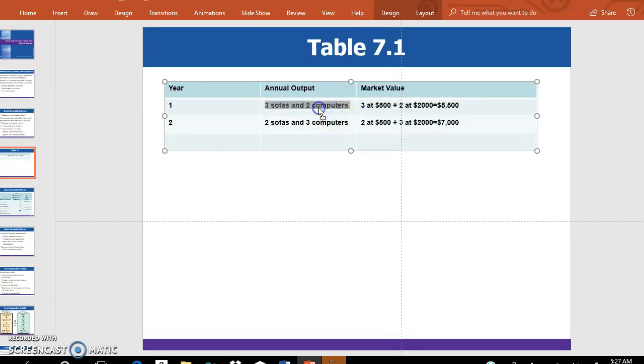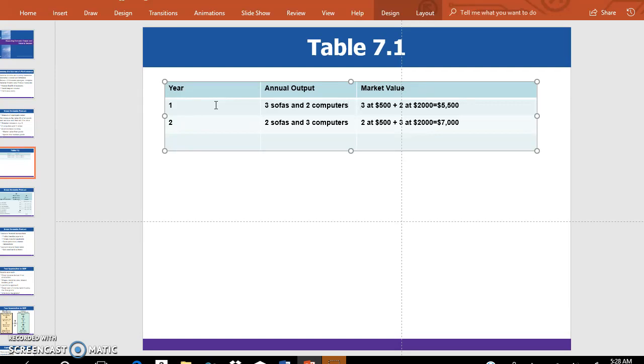Now the sofa price is $500 per sofa, and this price remains the same in year one and year two. Also, the computer is $2,000 per computer, and that remains the same in year one and year two. We make it simple. The price may change, but in this example, we keep things simple.